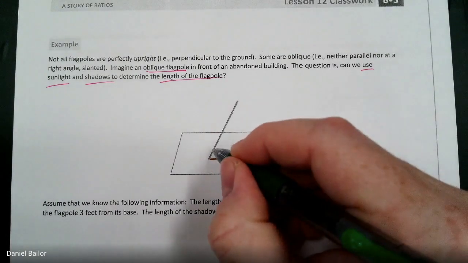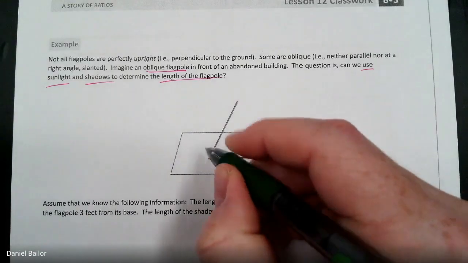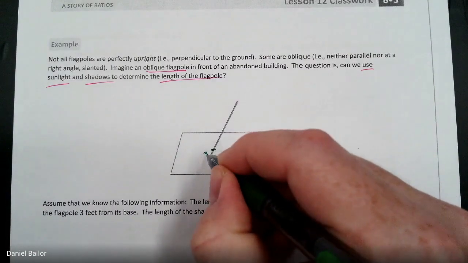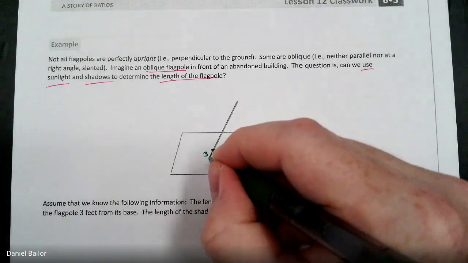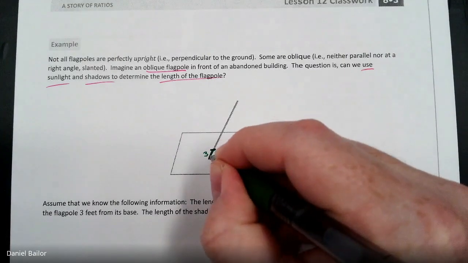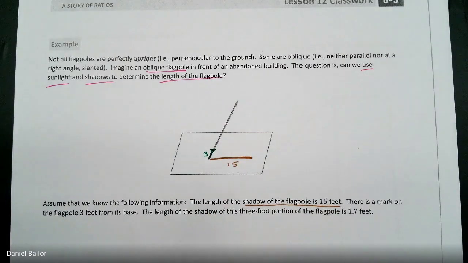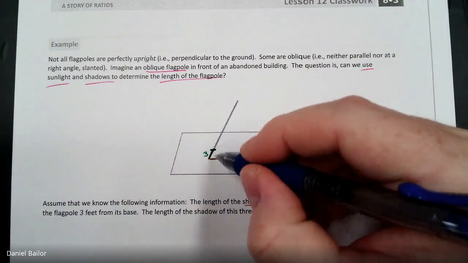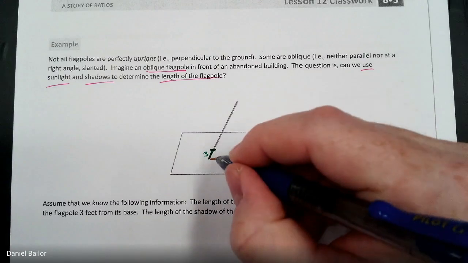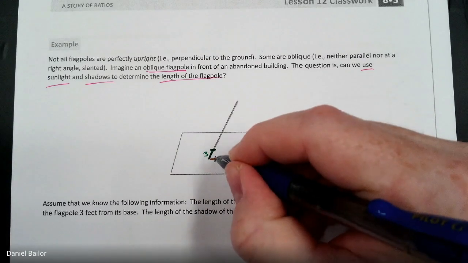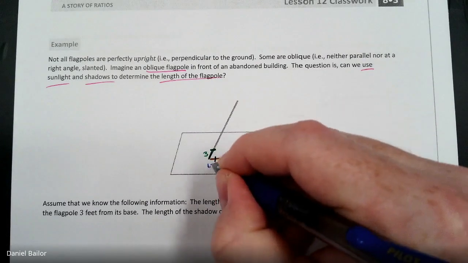So there's a mark right here, and it is 3 feet from the bottom. So this part is 3 feet, and there's a mark. And then the length of the shadow on the 3-foot portion, so the shorter shadow, this 3-foot section right here makes a shadow right here that is 1.7 feet.